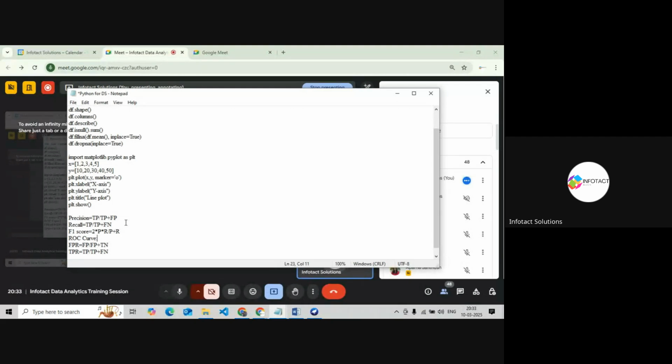The x-axis represents the false positive rate in the ROC curve and the y-axis represents the true positive rate. False positive rate is false positive upon false positive plus true negative.